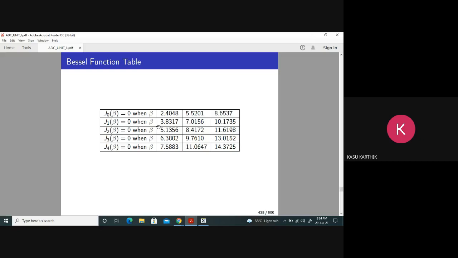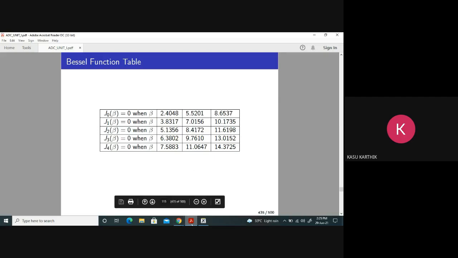Here I have given some values of these Bessel coefficients for J naught beta. When beta equal to 2.4048, J naught beta equal to 0.